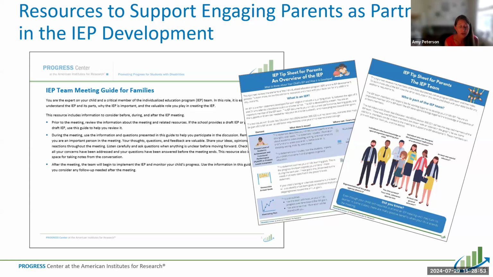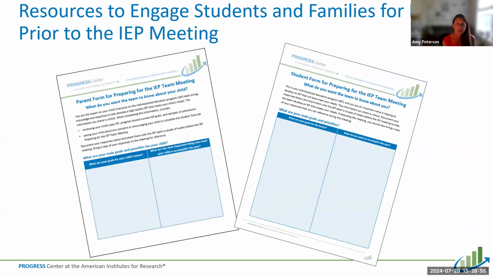And then Riley mentioned earlier about these 2 handouts about gathering information from parents and families or from students prior to that team meeting. And so these might be some tools, or you can customize them based on your needs, that might be helpful for you to think about how are we generating or gathering that information from students, from their families prior to the meeting about their goals for the future, what they want to accomplish in the next year, what has worked for them in the past with supports and services or accommodations, what hasn't worked, and so on.